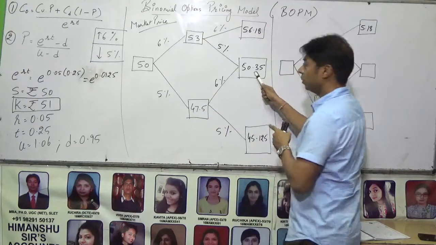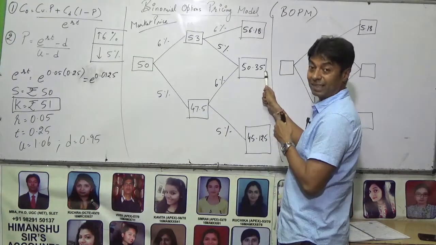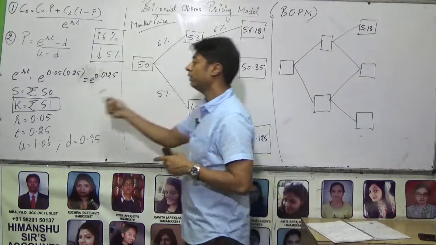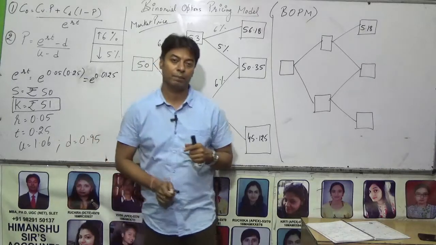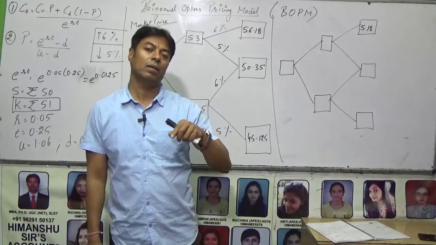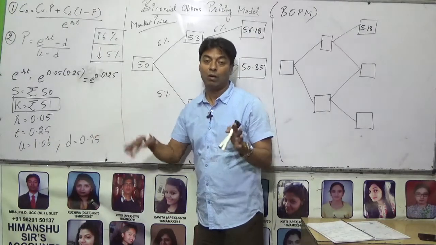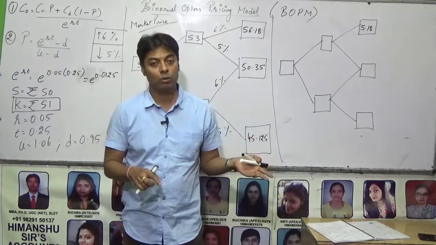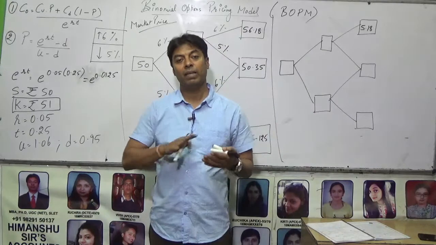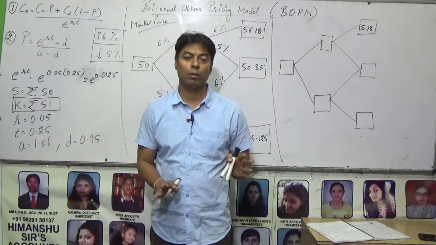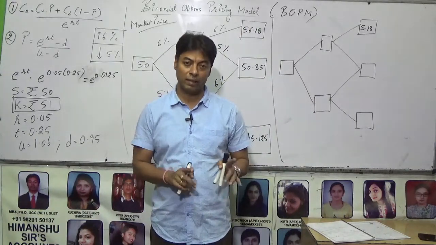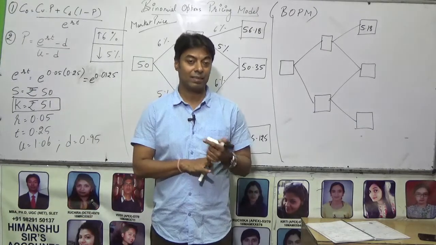Now at this juncture, the second situation, 50.35 is less than 51. So this is a losing option because the market price has gone down. Now what will the decision maker do? The call option buyer will lapse the option. He is not going to execute it. He is not going to exercise his right.